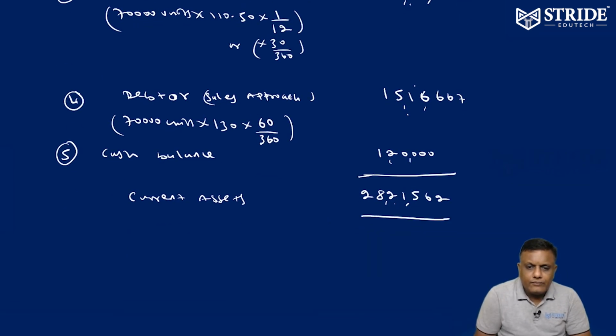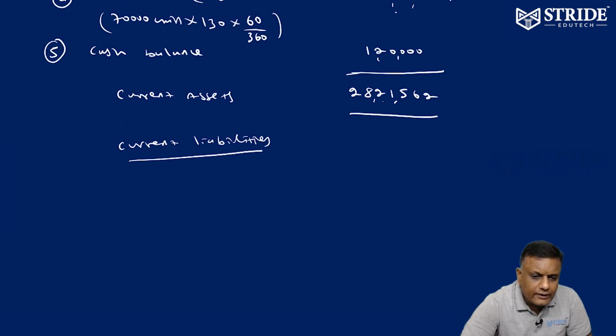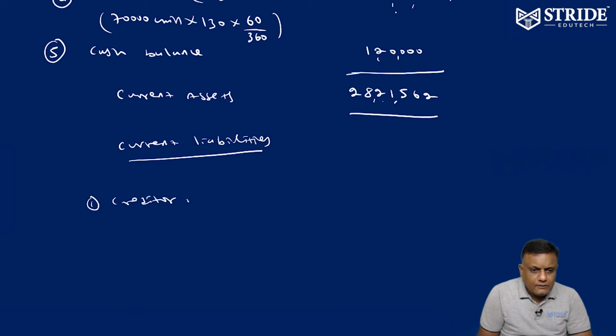Now current liability. Number 1, creditor for raw material. 70,000 units we purchased at a price of 52 from the supplier. The supplier is giving us 1 month credit, that is 30 by 360 or 1 by 12.